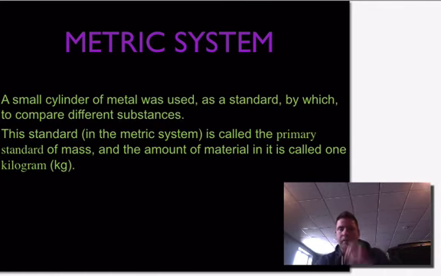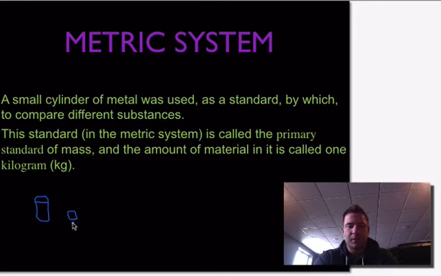Now years ago scientists developed this system called the metric system, and now we use it in Canada, but not all countries use it. But what they did was they took a small cylinder and they said that this is going to be our standard unit, and standard unit is what we're going to compare everything else to. So this metal cylinder, okay, and what they did was they started comparing different substances.